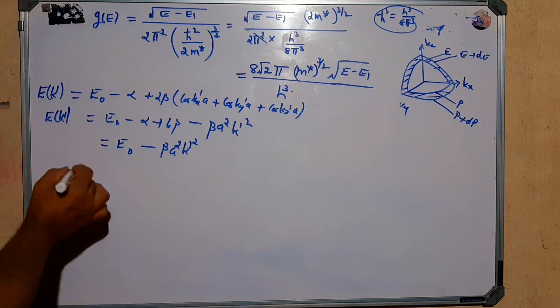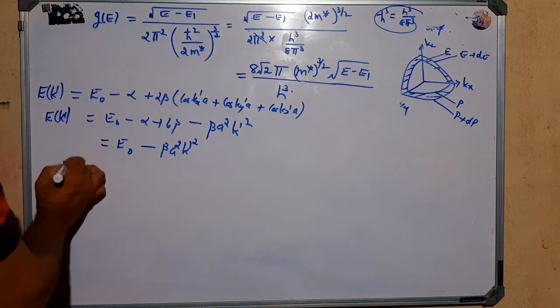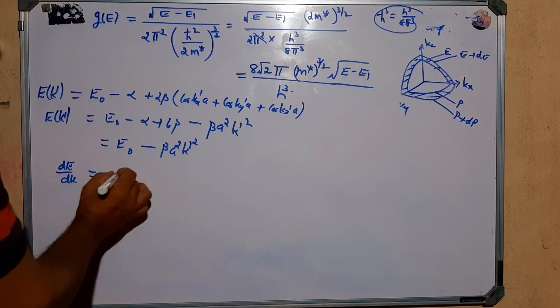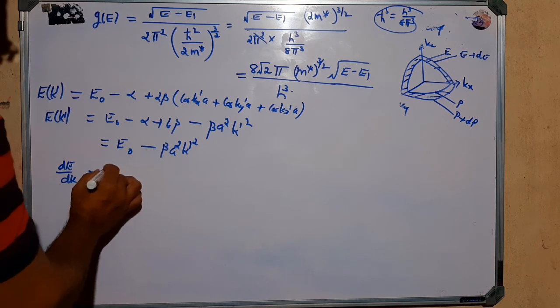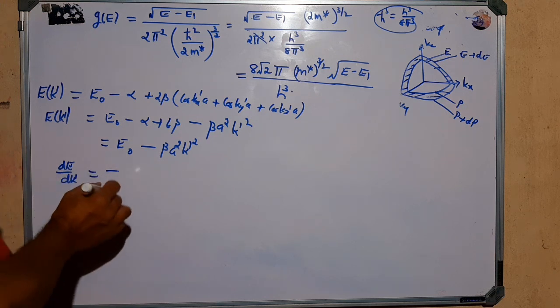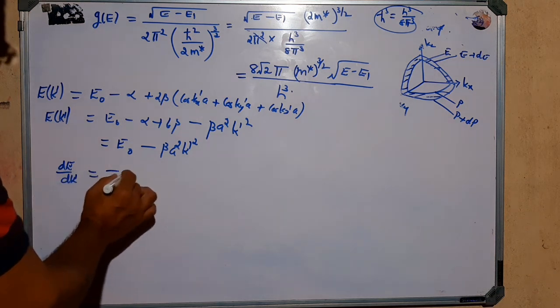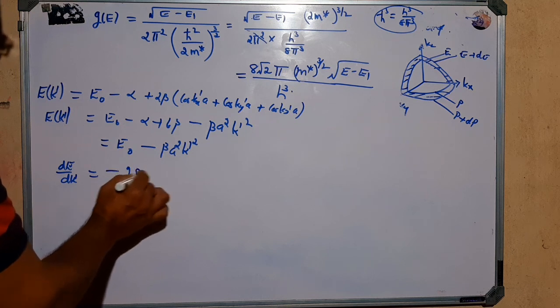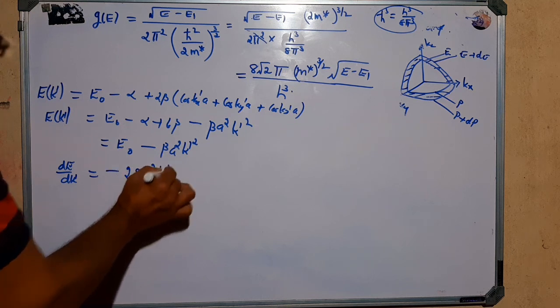Now if you differentiate this, dE by dk dash is equal to minus 2 beta a square into k dash.